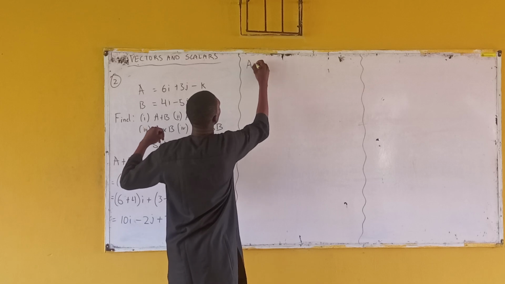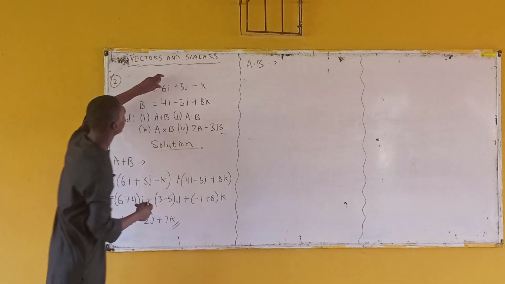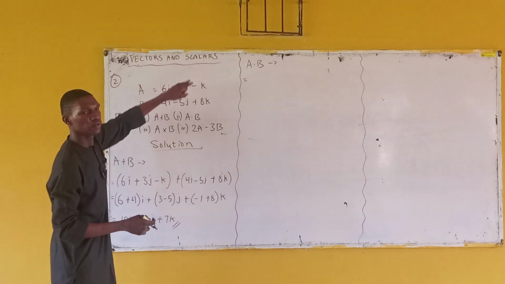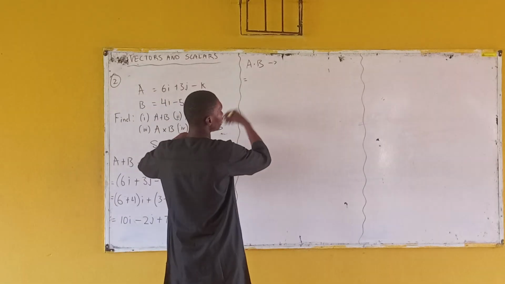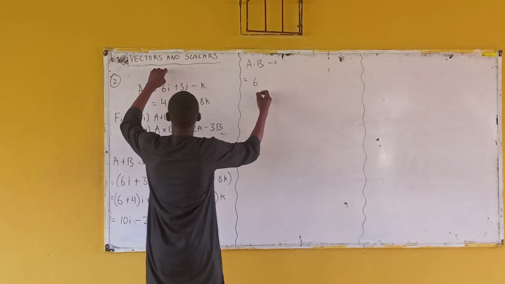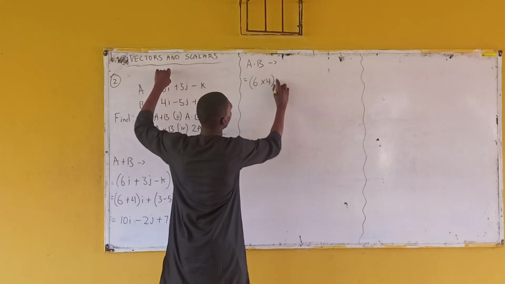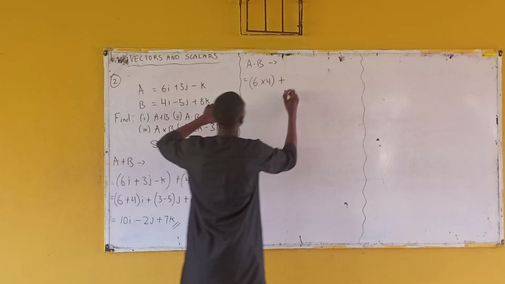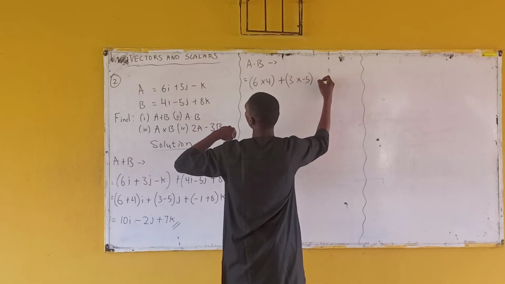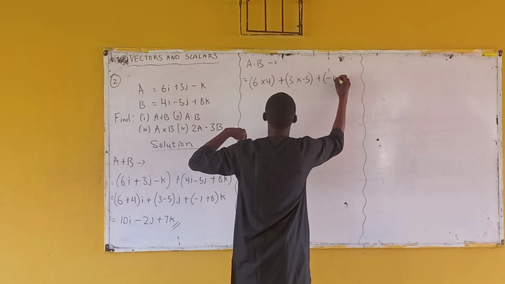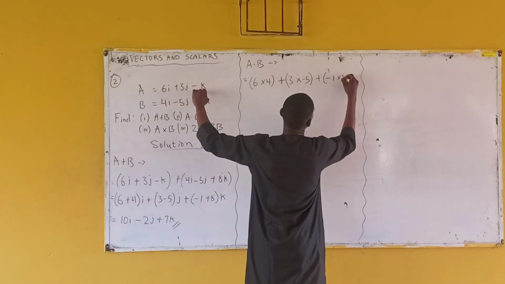Then what's the next? A dot B. For A dot B, what do we do? We pick i and i, we multiply them. No, that's A cross B, which is a matrix, the determinant of the matrix. So we pick 6 times 4 plus 3 times minus 5 plus minus 1 times 8.